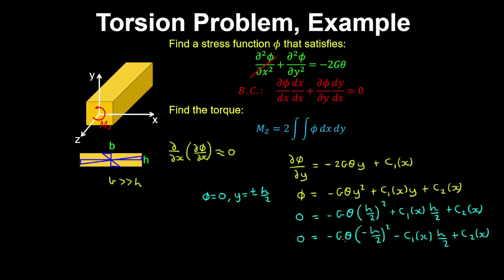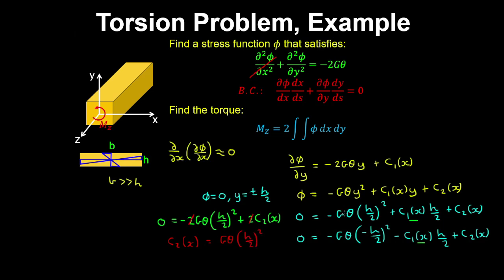Now if we add these equations together, we'd get 0 is minus 2Gθ (h/2) squared, because negative h on 2 squared is h on 2 squared. And then these two terms cancel, and then we get plus 2C2, and then we get our constant is Gθ (h/2) squared.